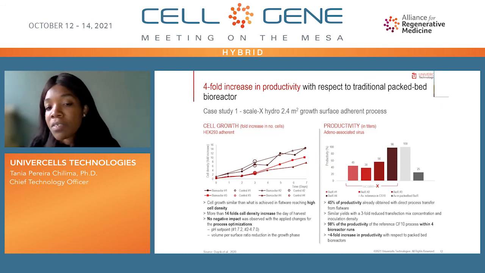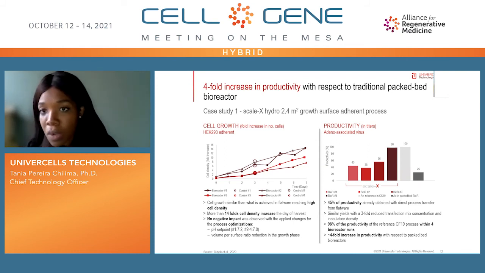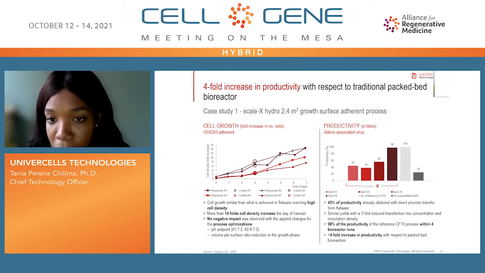When we look at the productivity, the red bars there are the productivities achieved with the ScaleX bioreactor in each of the 4 experiments that were done, whilst the light gray is the reference process in cell factories, and the darkest gray is the traditional packed bed bioreactor process.